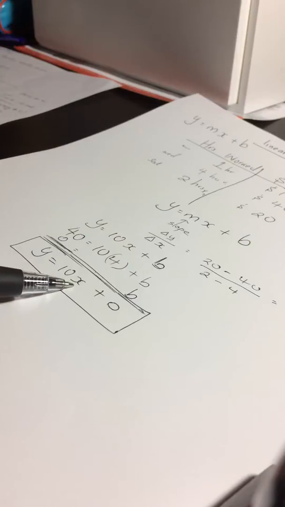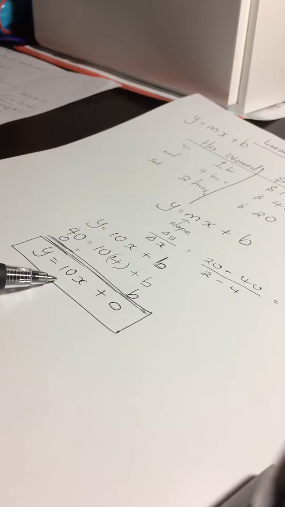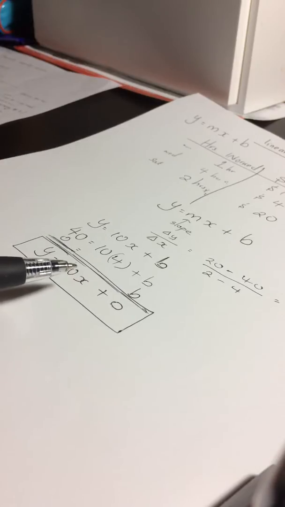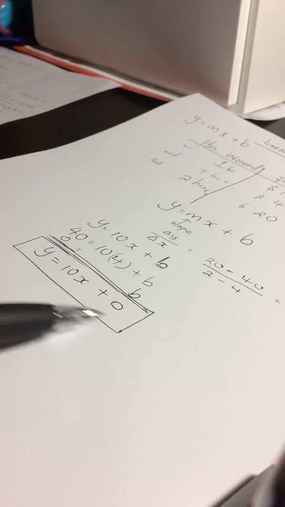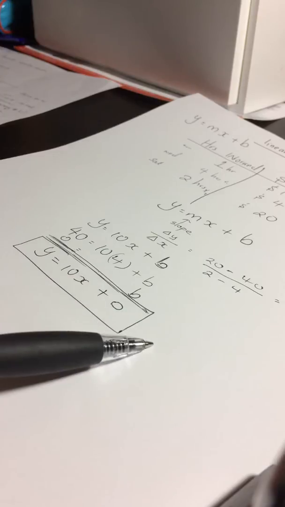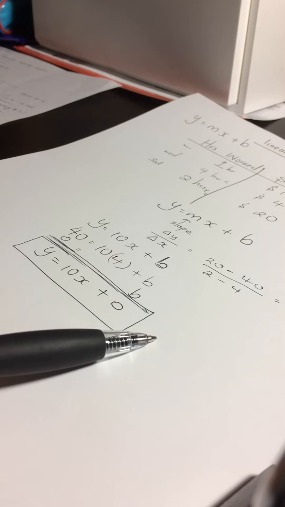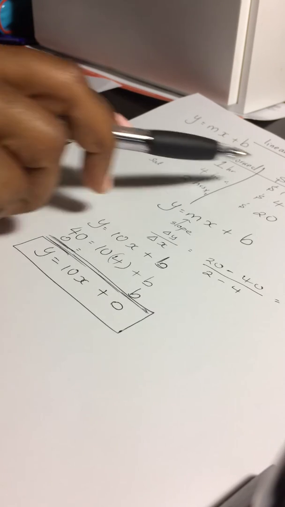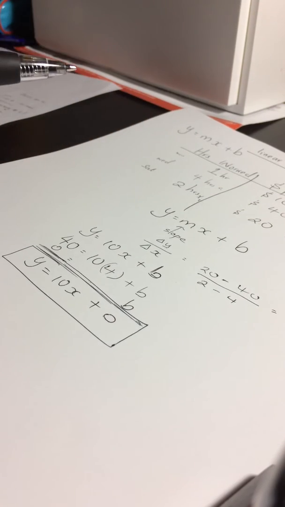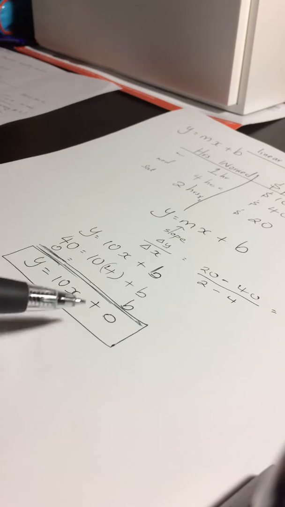So if I ever work 10 hours or 11 hours one day and I have no idea how much I need to take home on my paycheck, like my boss asked me how much do I need to give you today, well, just take this equation, plug in your number of hours that you've worked, and that will give you the result, which is the y. And in this case, the y is interpreted as how much money you need to take home, because that's the y variable as we've defined it before. So I hope this helps.